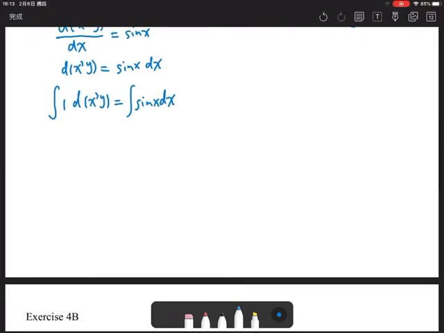The left hand side is x cubed y, and the right hand side is the integral of sine x, which is negative cosine x plus a constant c. Finally we should write y as the subject, so y equals negative x to the power of negative 3 times cosine x plus c times x to the power of negative 3.